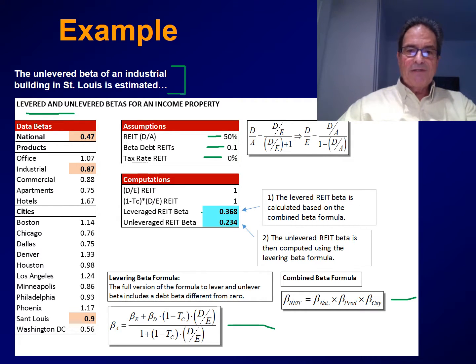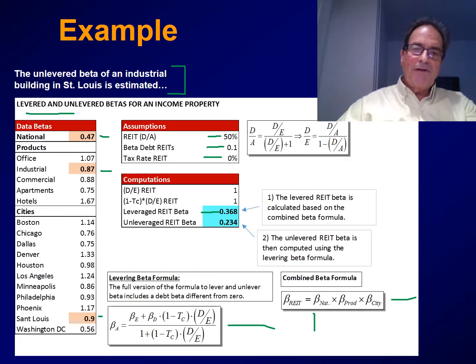Levered beta, in this case, is 0.368, and is obtained from the combined beta formula. So it's the result of multiplying the national beta, 0.47, by the industrial beta, 0.87, by the San Luis beta, 0.9. So the result is the levered beta for an industrial building in San Luis equal to 0.368.